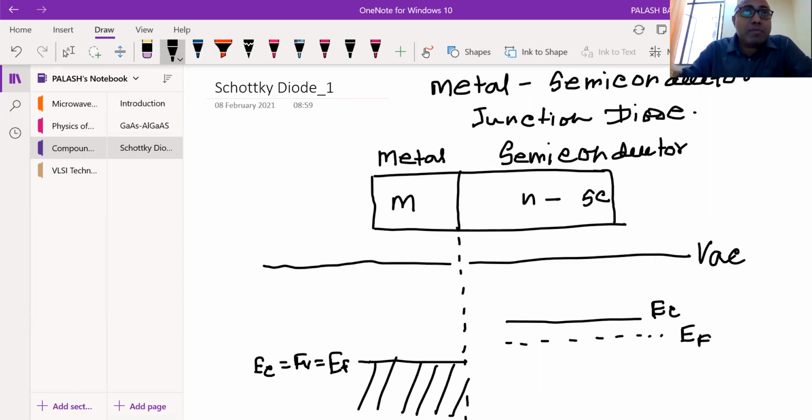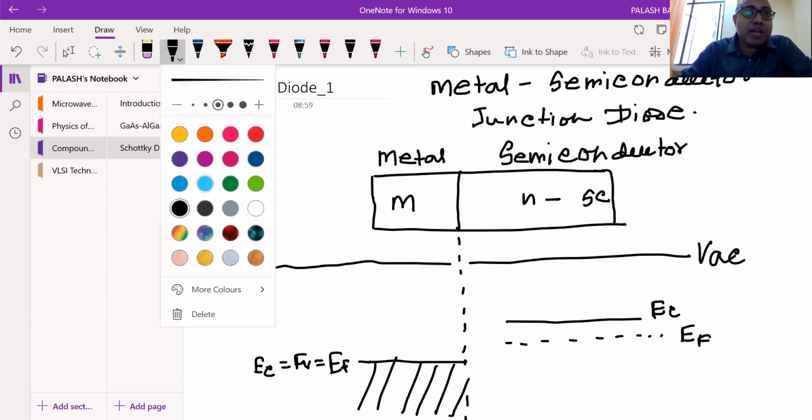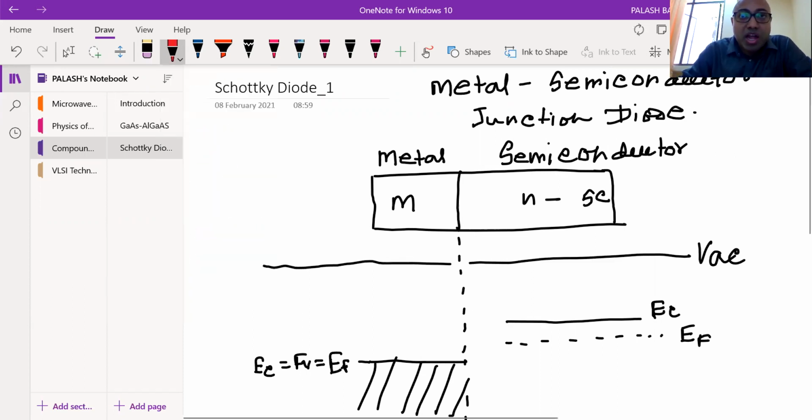Okay. So, metal work function. What I'm trying to tell you is, if you take one electron out of this metal's influence, that amount of energy is my work function, which has been traditionally represented by phi m.